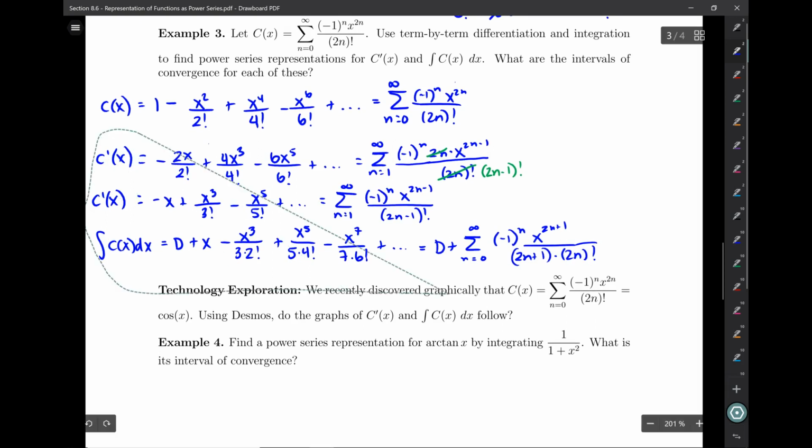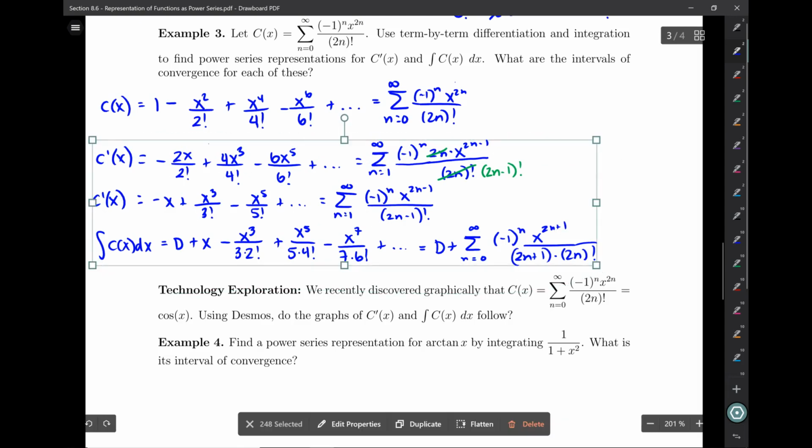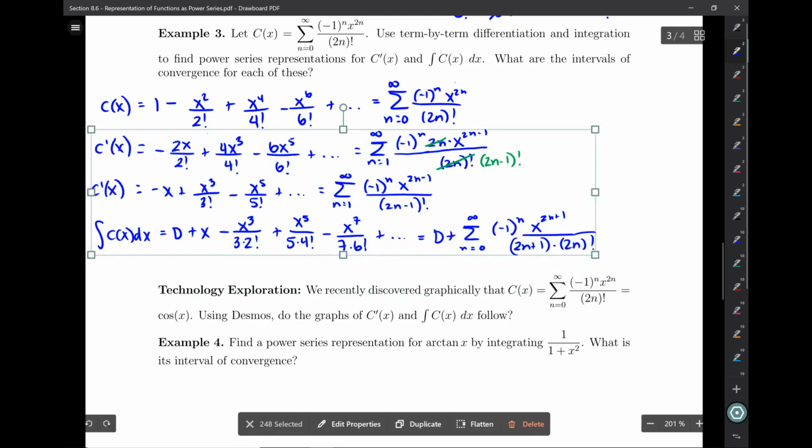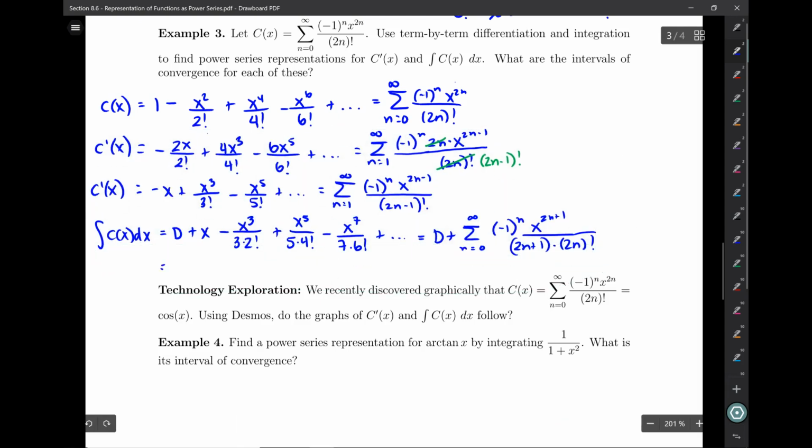I'm going to just give myself a little bit more space here. I think I can shift this up a little. There we go, a little more space. Okay, so what we'd end up having then would be d plus x minus, now we're simplifying the expanded form and also simplifying the closed form as we go to get a nice condensed power series. Notice this is pretty cool, 3 times 2 factorial, hey, that would be 3 factorial, wouldn't it?